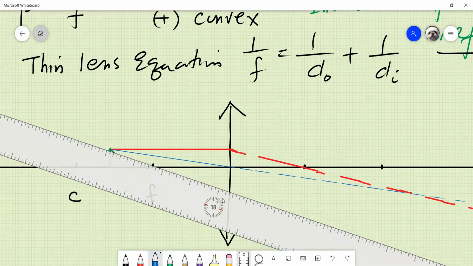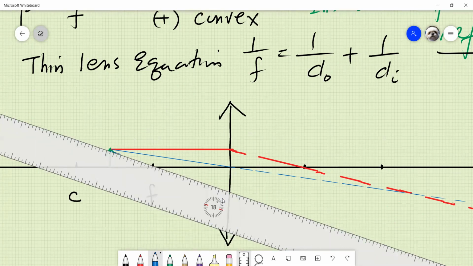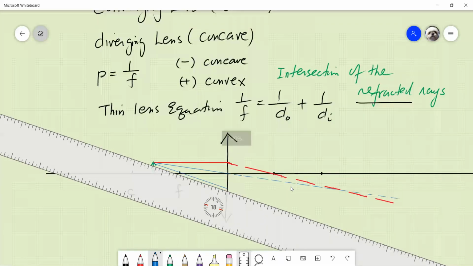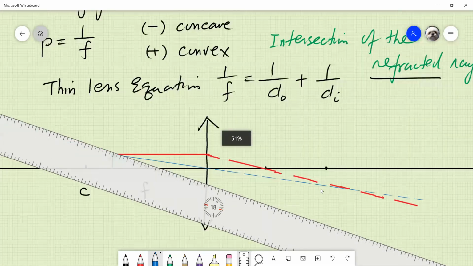Now, write this here, right? So I'm gonna draw that. Passing through the object, the focal point, right? Hit here, and then what happened? Hit the lens, right? They're gonna go out parallel.